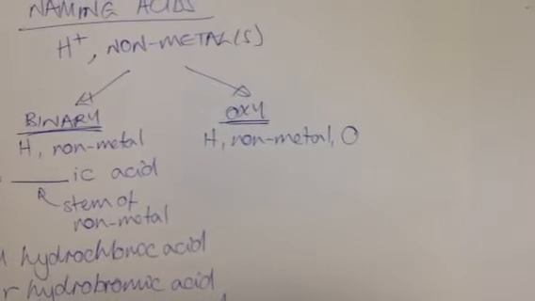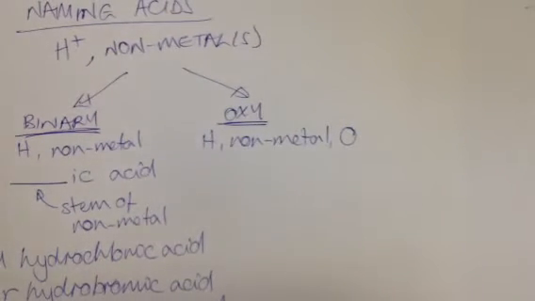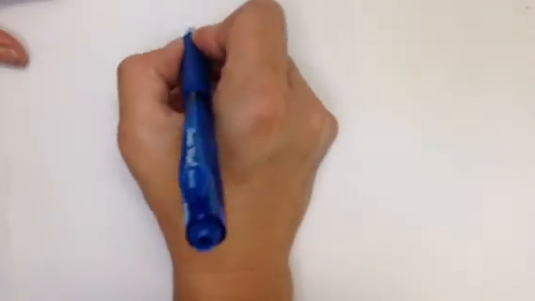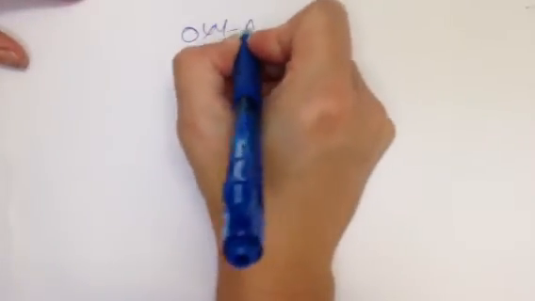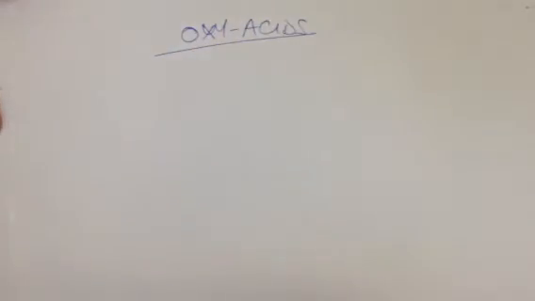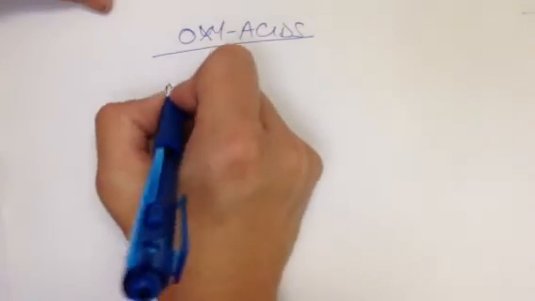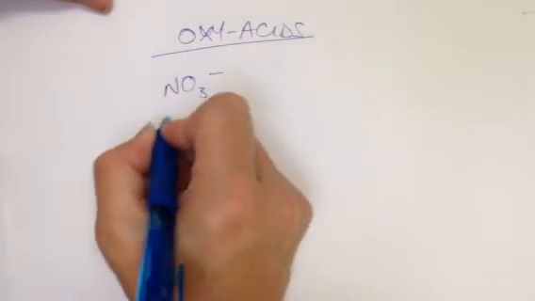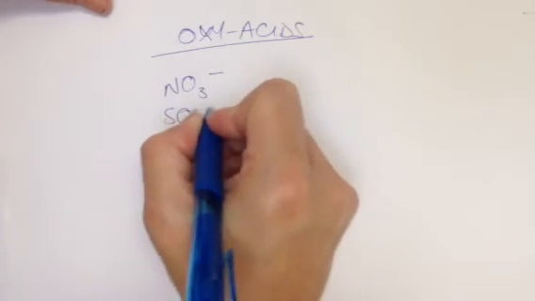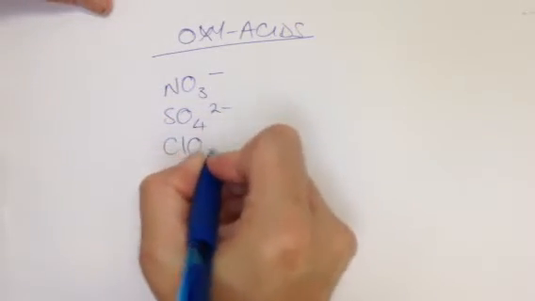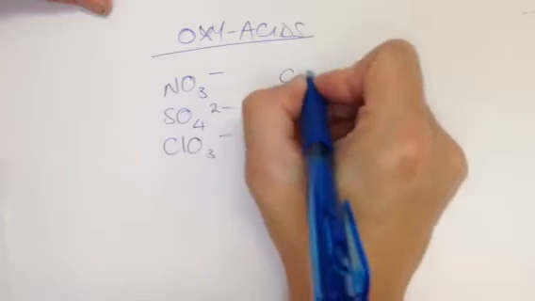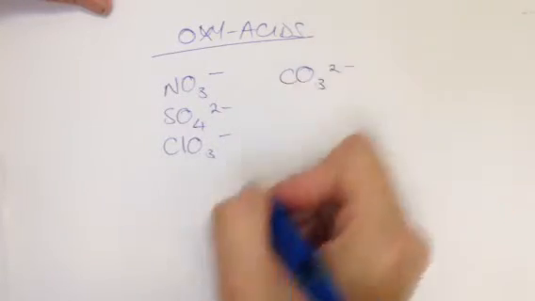Okay, what about if it is an oxyacid? Okay, well, oxyacids have names that are derived from the oxyanions. Okay, and the oxyanions are things like nitrate, sulfate, chlorate, carbonate.